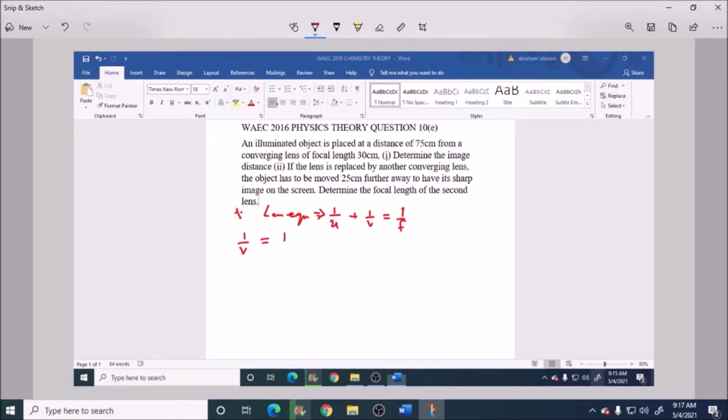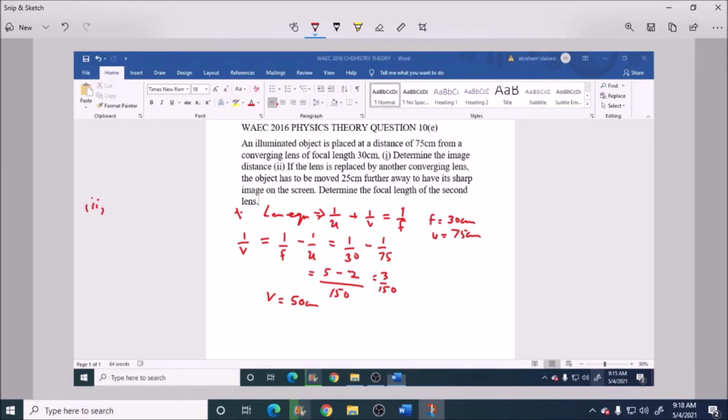Now for the second part, which is when the lens is now being replaced by another converging lens, the object has to be moved 25 centimeter away to have its sharp image on the screen. So we are to determine the focal length of the second lens.